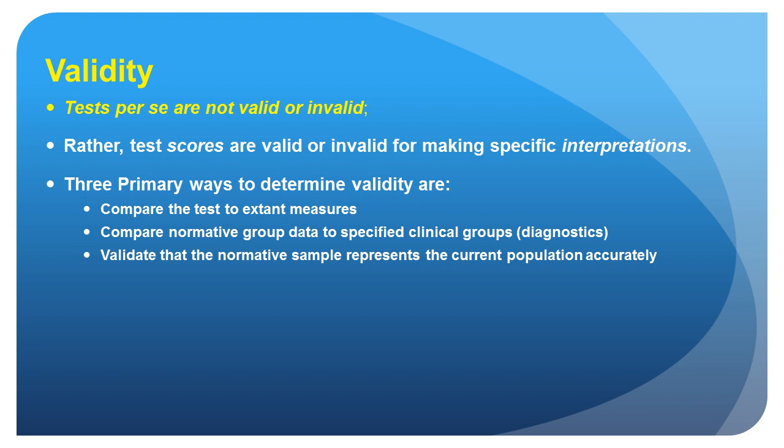Now, there are 3 primary ways to determine validity, and the first 2 are things that I'd like to expand upon briefly, and that is compare the test to extant measures and compare the normative group data to specified clinical groups to get diagnostic utility.